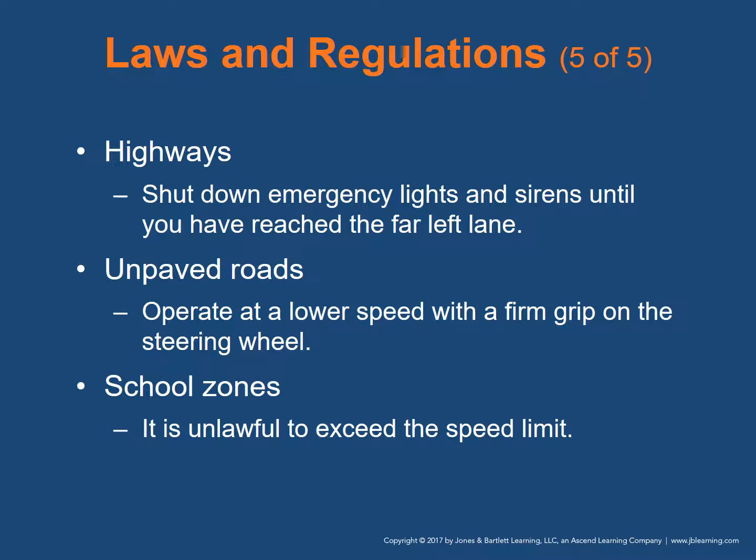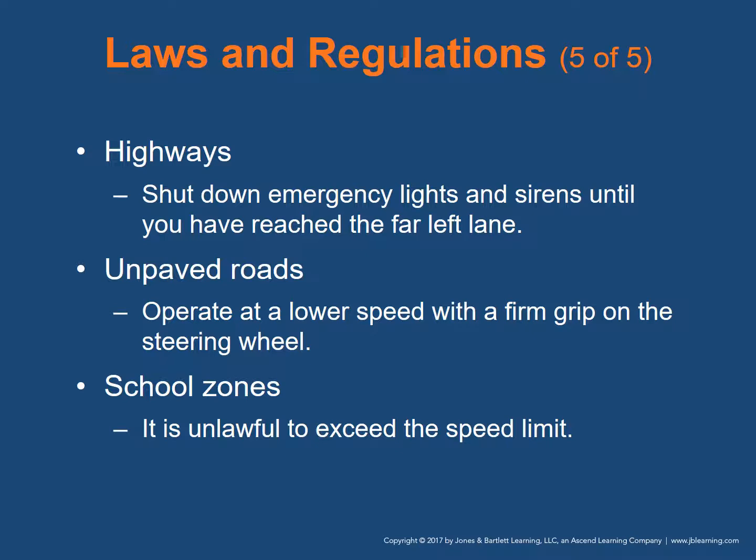Highways. Shut down emergency lights and sirens until you have reached the far left lane. It's never a good idea to use full lights and sirens on the highway because most people understand, even bystanders understand, that if you see emergency lights and sirens, you're immediately supposed to pull over to the right shoulder of the roadway and come to a complete stop.